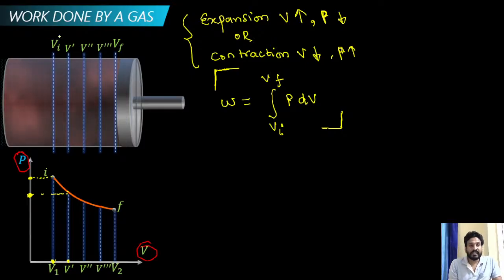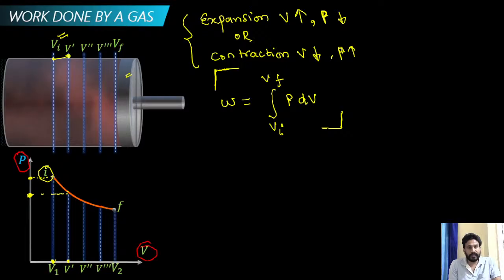So let's suppose this is my initial condition of the piston, at this position. This is my initial state. At this initial state, volume of the gas is V1. This gas exerts force on this piston, and the piston expands till V dash.